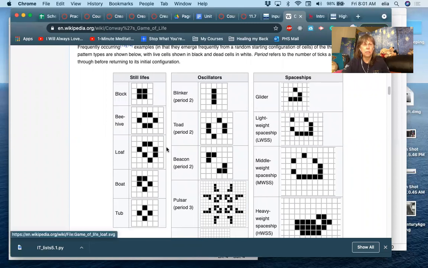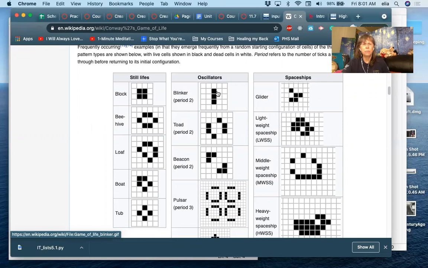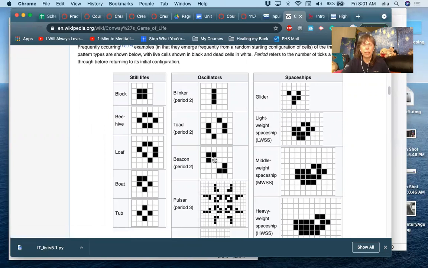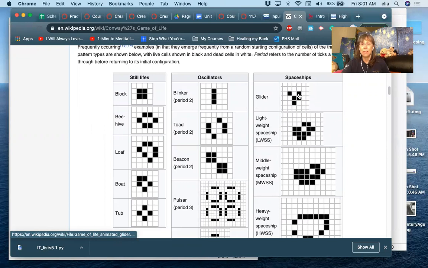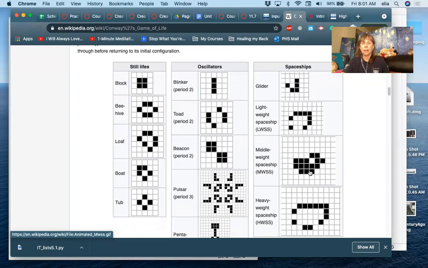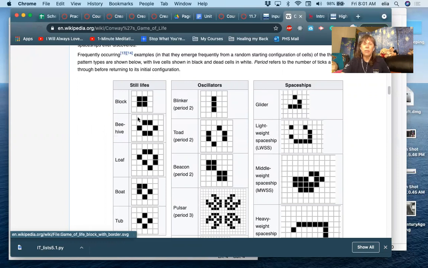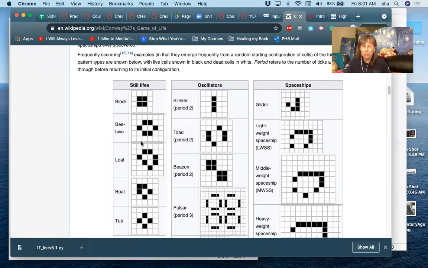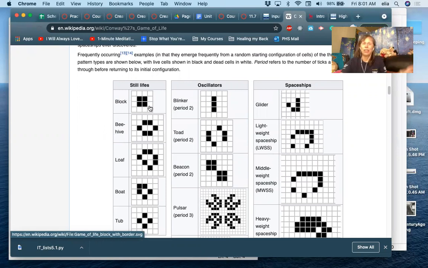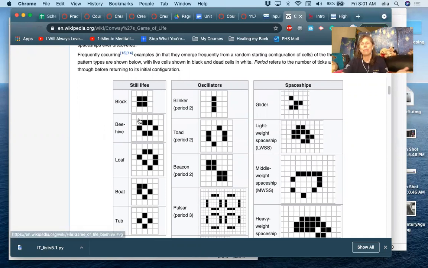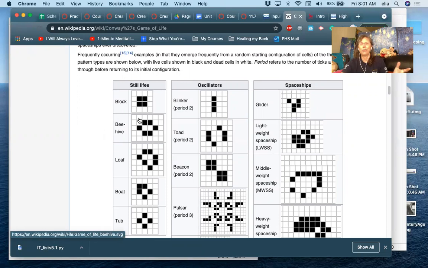So here it is, the beehive, the beacon, and then the spaceship is the top one over here. This is the easiest of all of them. When it comes to the still life, you're not going to need 5 generations, 5 ticks, as they call it. I think after the second tick you can just say, well, nothing is happening, and you don't have to draw them.